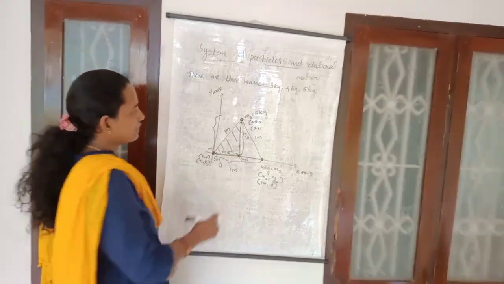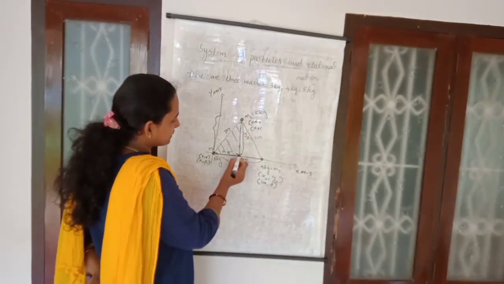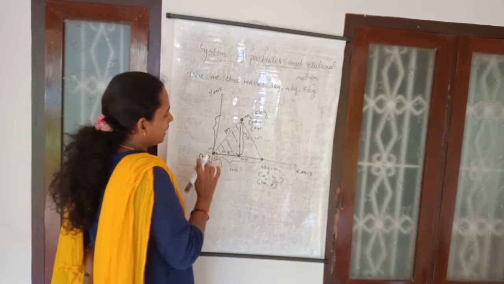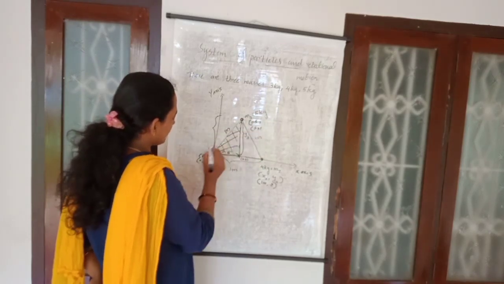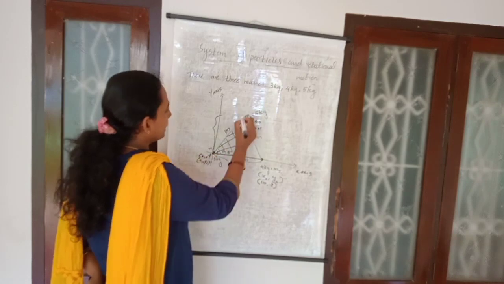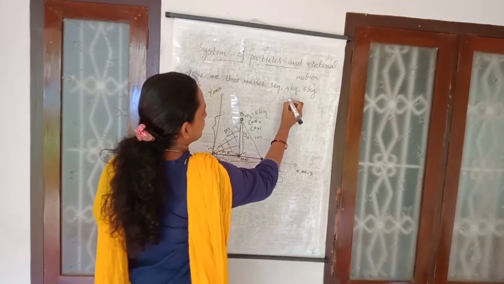So first of all we want to find y3. x3 is this much distance, that is 0.5, and then y3 they asked to find. Therefore in order to find y3 you can consider this triangle ABC.